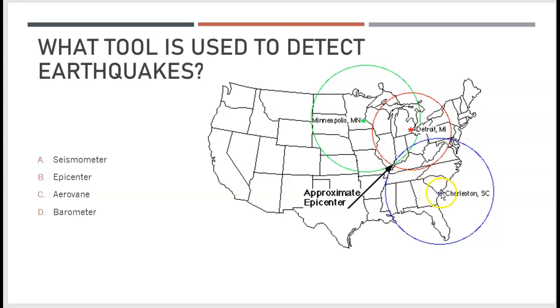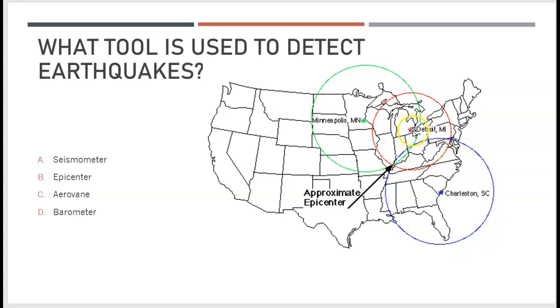The P waves will arrive first, and then S waves will start to arrive, and based on the time in between when those waves arrive, we can make an approximation of how far that earthquake was from the station in Charleston, South Carolina. We'll draw a circle saying we know it's so many miles away, but we don't know where along the circle it occurs.